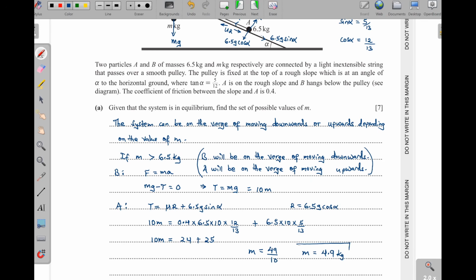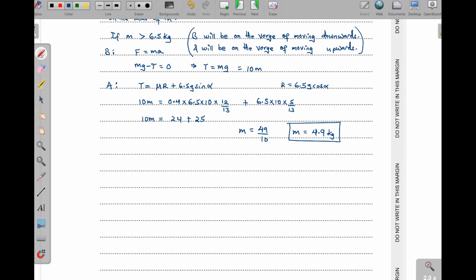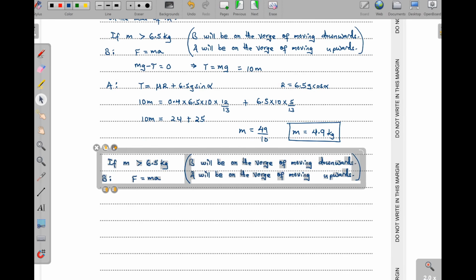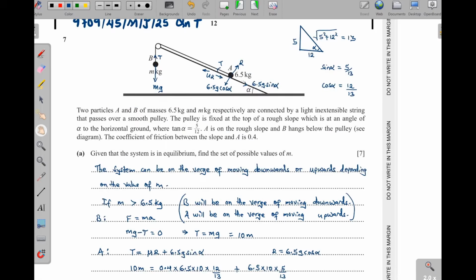Okay, that is one value. Then I can also do the same thing here. If m is less than 6.5, then B will be on the verge of moving up, because this one is lighter, so this one will be taking it down.